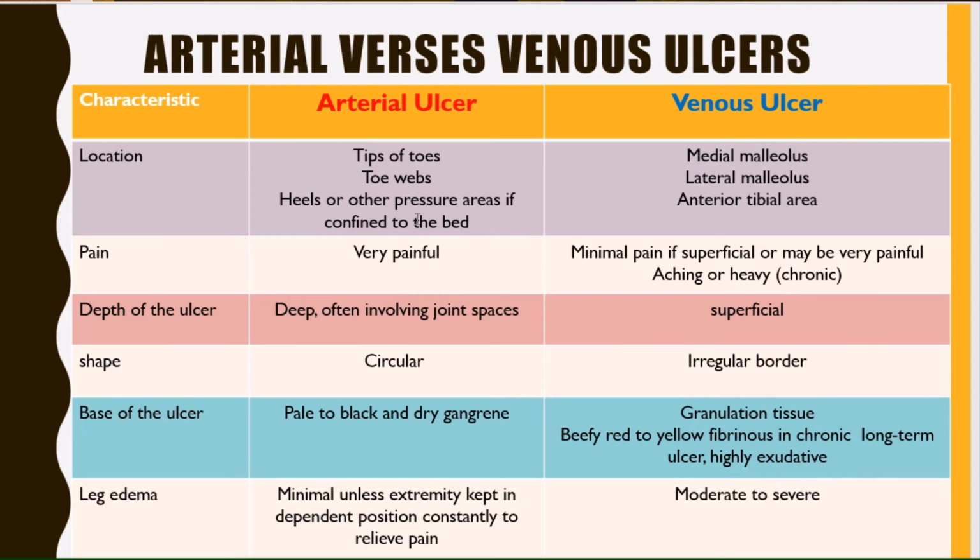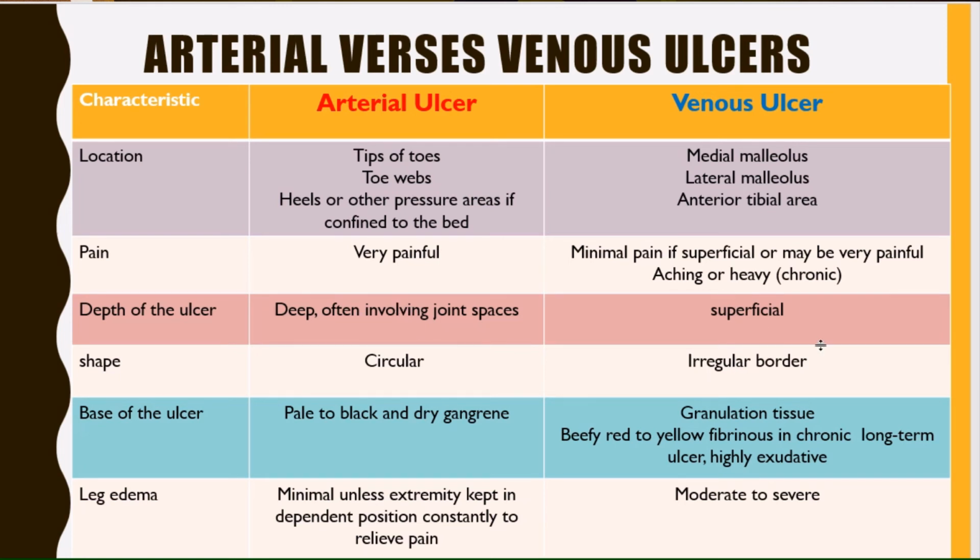It can be very painful. When you think about pain, the venous location is different. It's most of the time medial malleolus, lateral malleolus, anterior tibia area. Minimal pain. It can be achy pain. Depth, it can also be deep.